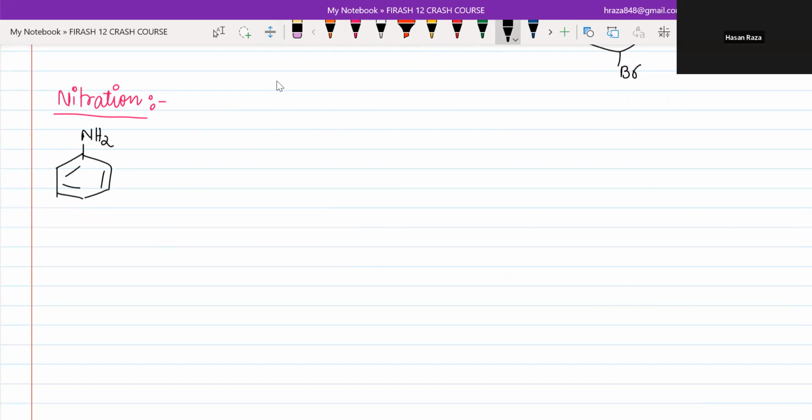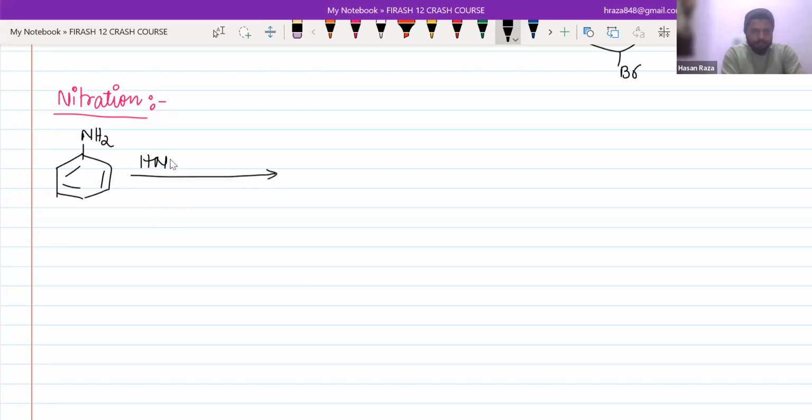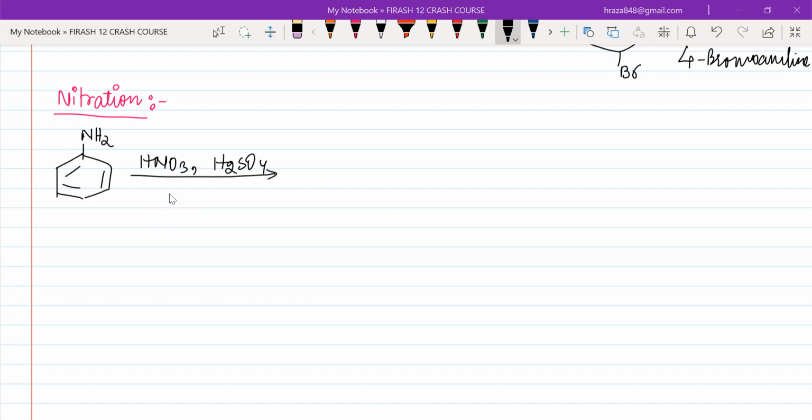So for nitration, we use nitric acid, that is HNO3 in the presence of H2SO4. And then the reaction should be carried in cold. The temperature should be very low, 288 Kelvin. Then you will be getting three products. The first one will be addition of this nitro group at para, which is 51%. That means it is major product.